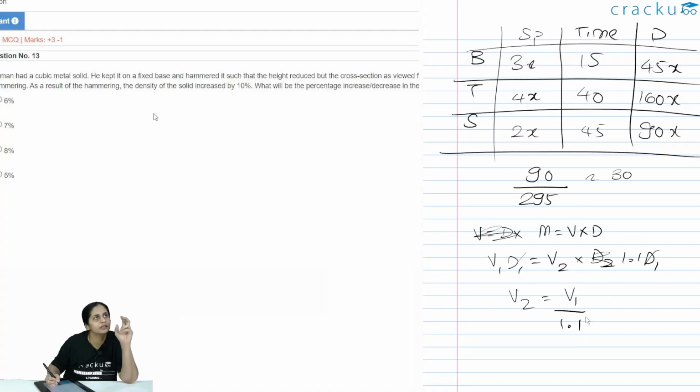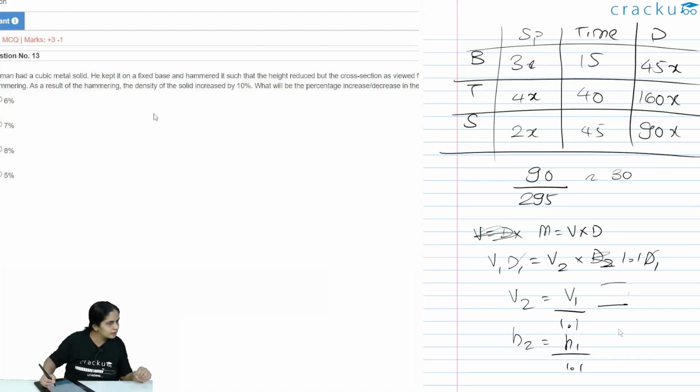Volume is area of cross section into height. Area of cross section remains the same, height decreases. So h2 is equal to h1 by 1.1. So the top and bottom remain the same, but each of the four sides has reduced.